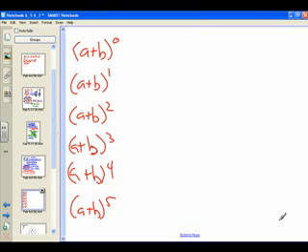Now, anything to the 0 power is what? 1.